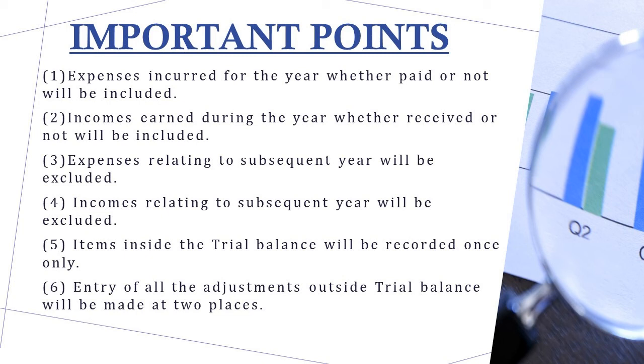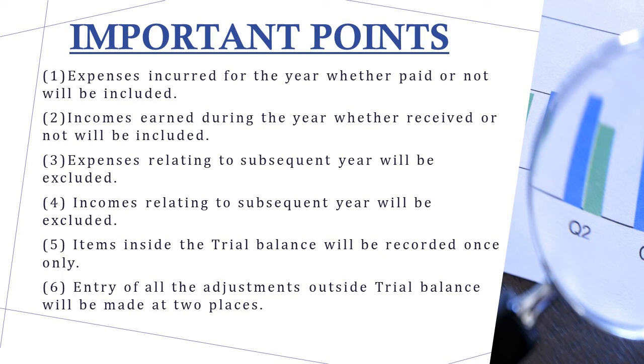So it doesn't make any difference whether we have received them or we have paid them, because for calculating the gross profit or the net profit or gross loss or net loss, whatever the case may be, we have to take into account all the expenses and incomes which are incurred and earned during this particular year.